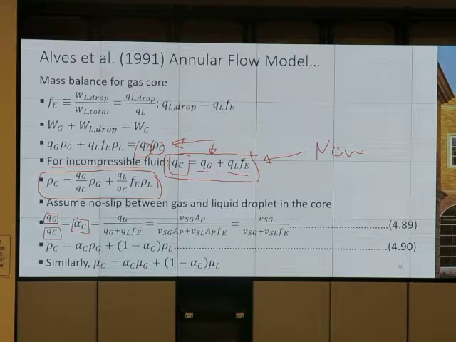And the no slip void fraction is the actual void fraction because we assume no slip. So it's QG, we copy that, but QC is QG plus QL FE. We put it over there. Express it in terms of superficial gas velocity. Okay. QG is VSG AP, QL is VSL AP. Just that. Cancel AP, we get that. That is equation 4.89.